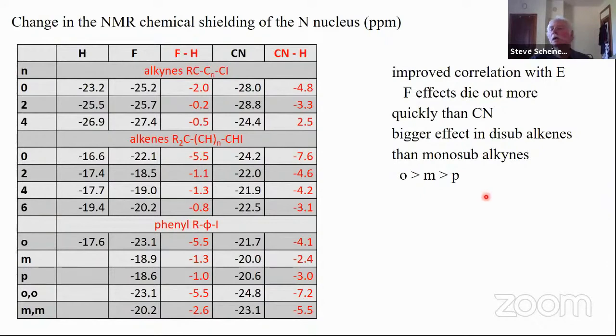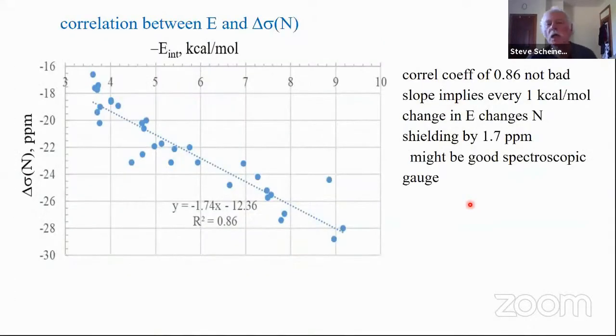And in the phenyl group, now we have the ortho greater than meta, greater than para that we were seeing before in the energetics. So there does seem to be a decent correlation between the interaction energy and the change in shielding of the nitrogen on the nucleophile. So this is the interaction energy as the horizontal axis. The change in shielding on the nitrogen is what's being shown here.